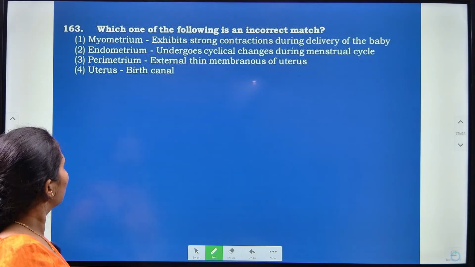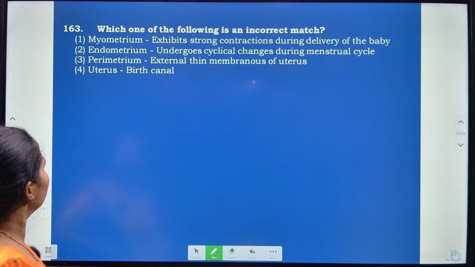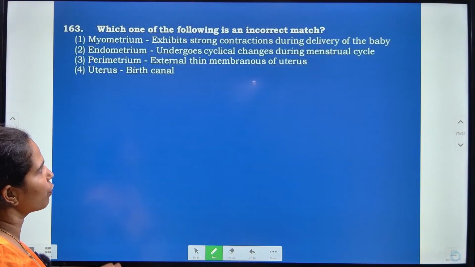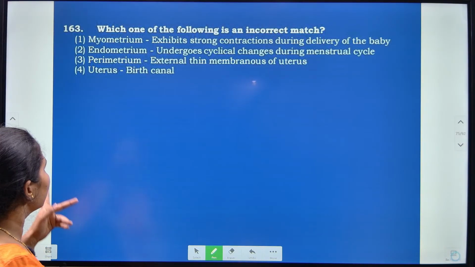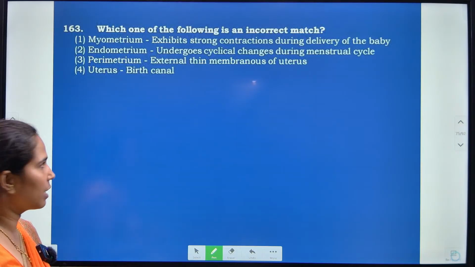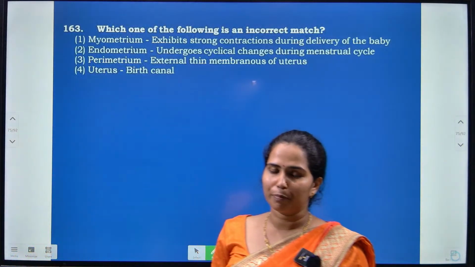Next one is, which of the following is an incorrect match here? Myometrium exhibits strong contraction during the delivery of the baby. Yes. Second one is endometrium, it is the right option. Endometrium undergoes cyclic changes during the menstrual cycle, and is shed off in the form of menses.